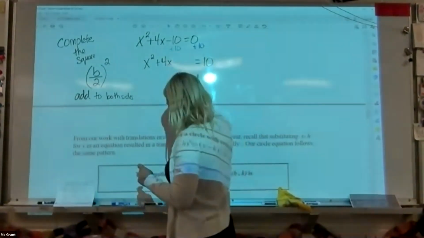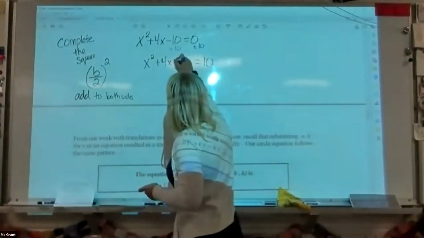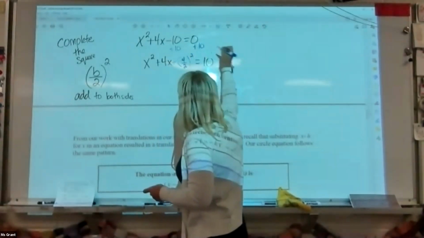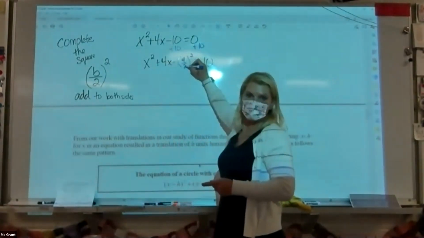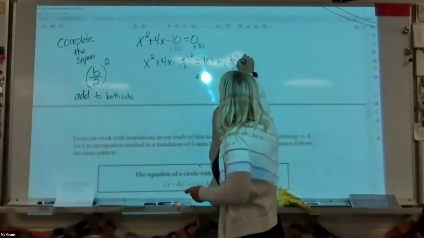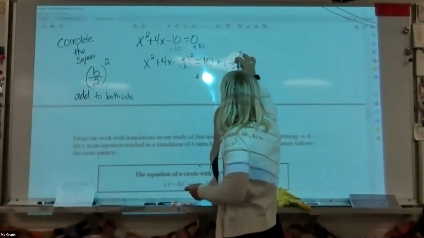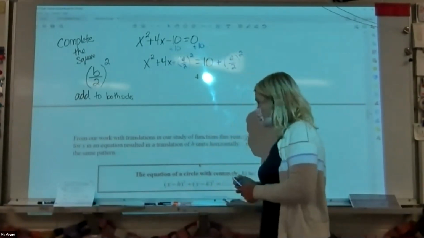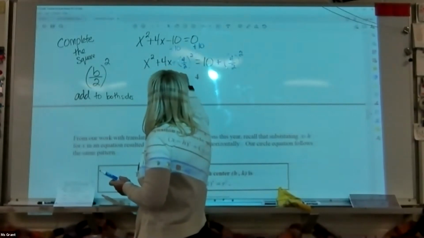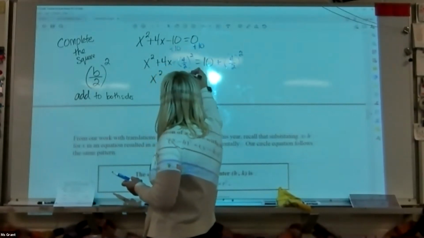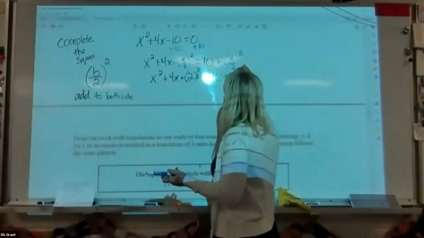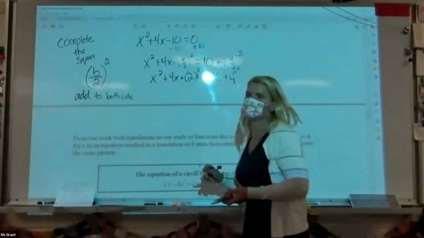I'm going to add, in blue, 4 divided by 2, squared, b divided by 2 squared, add it to both sides, put the 4 there, which you guys know is 2 squared, equals 10 plus 2 squared, which is 4.